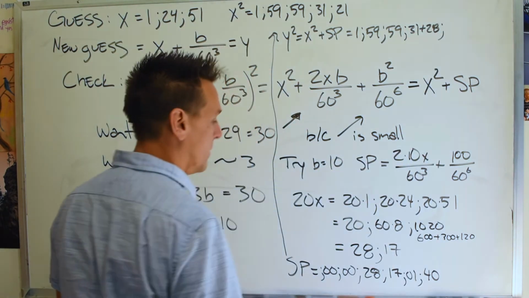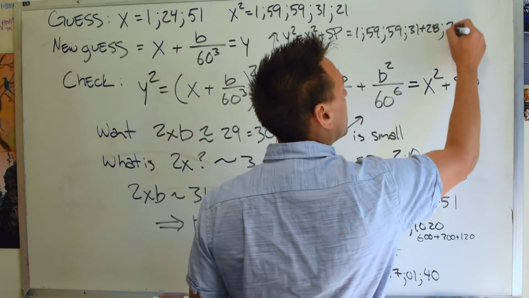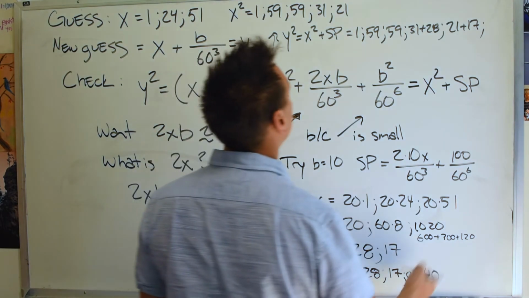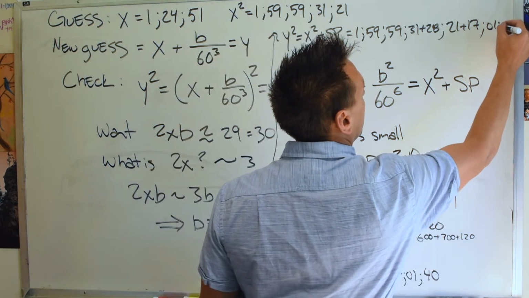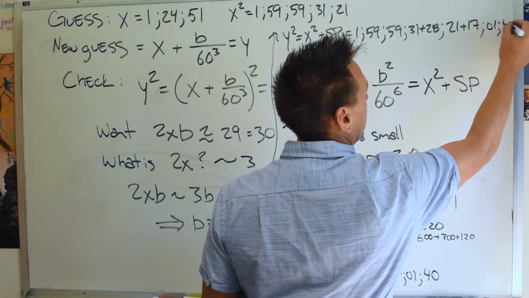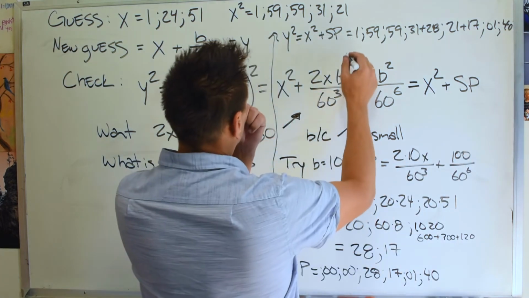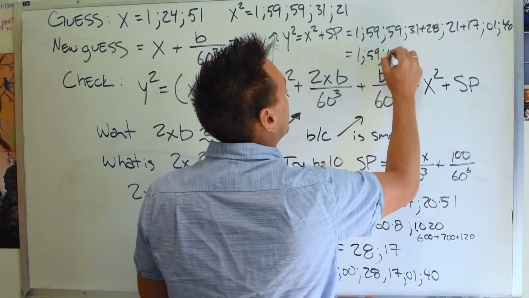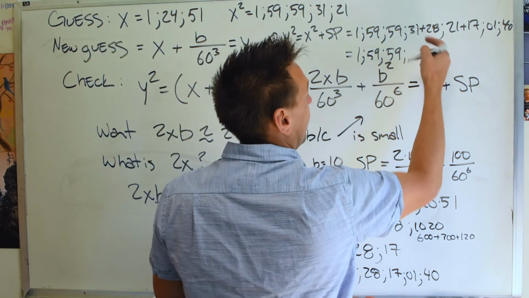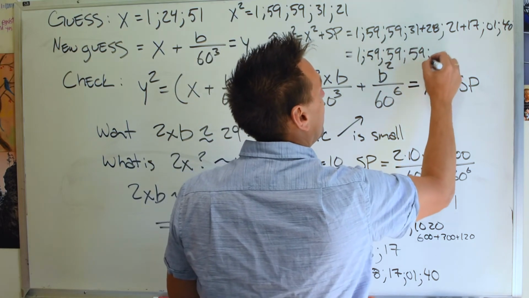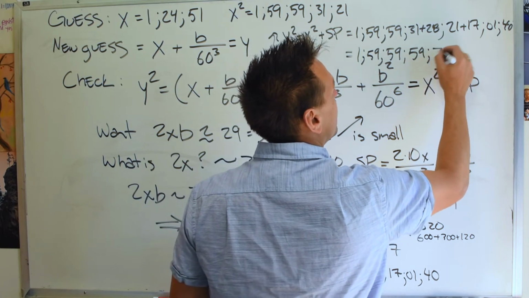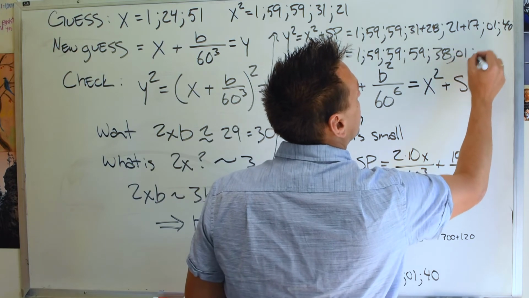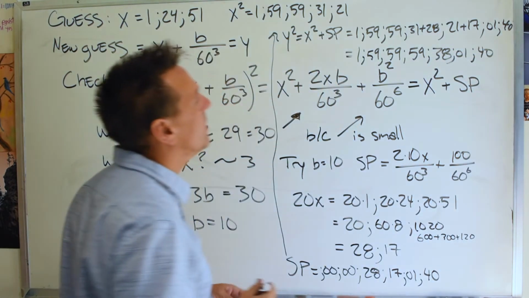In the 4th place, I'm going to get 21 and 17. And in the 5th place, I'm going to get 1. And in the 6th place, I'm going to have 40. So altogether, 1, 59, 59, 59, whoa. And then 38, 0, 1, 40.